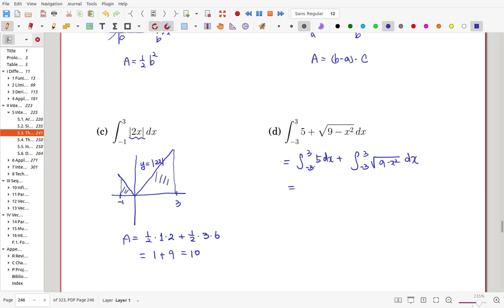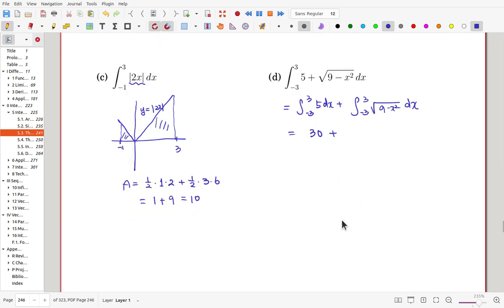For the first portion, the interval length is 6 and the constant is 5, so 6 times 5 is 30.